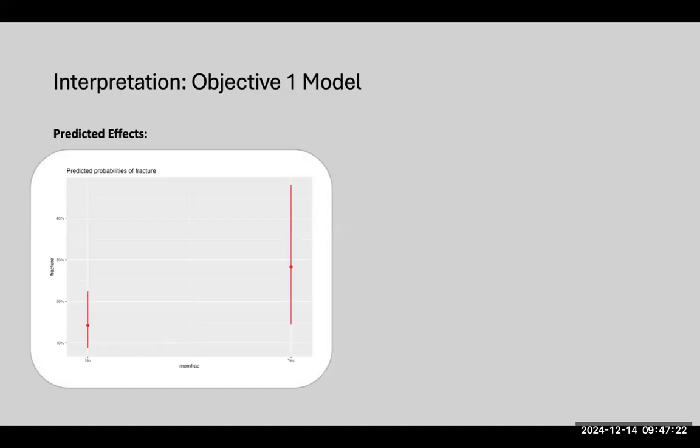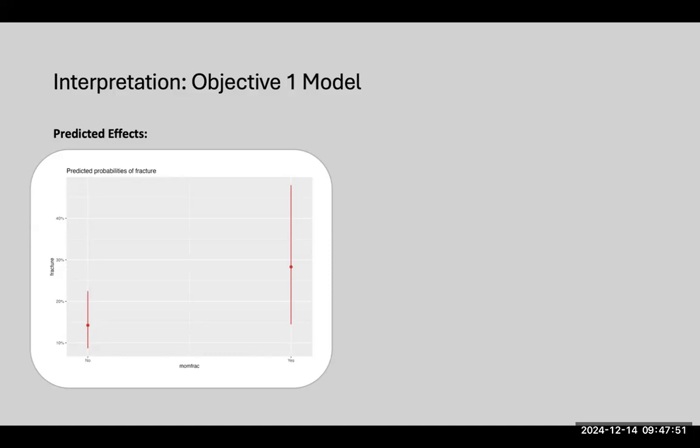So these are effects plots that show the predicted probabilities from our model, and it's the proportion of fracture. This graph shows that it predicts that the probability of fracture is increased among women whose moms had a history of fracture, and that's the bar on the right.